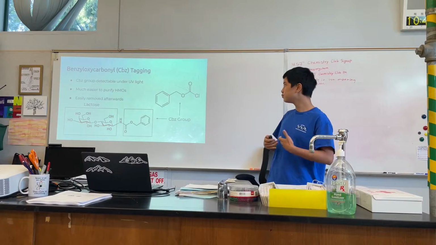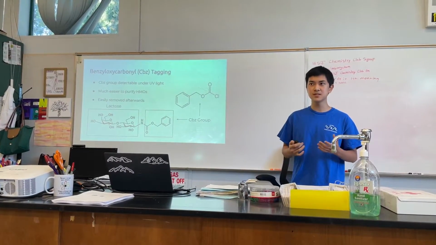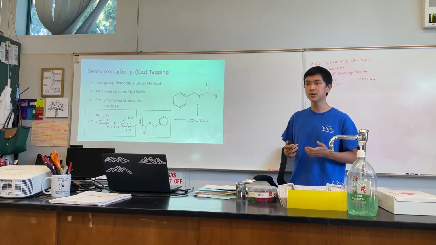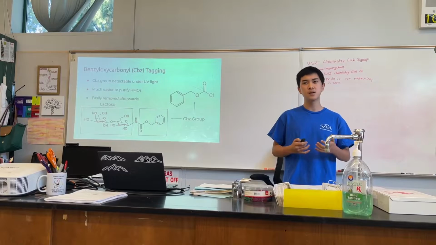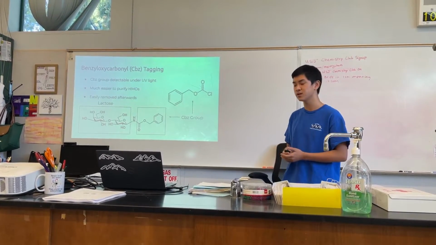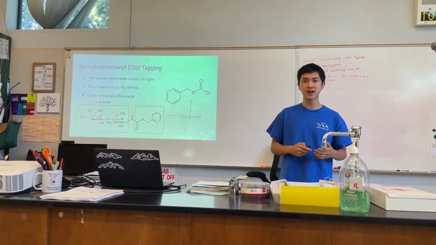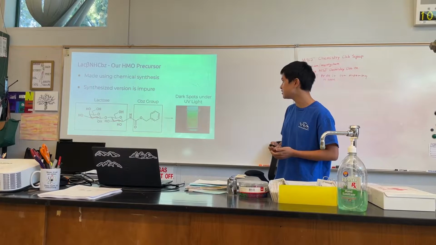This is what my research focused on, benzyloxycarbonyl tagging. This CBZ group is detectable under UV light, and we like to attach it to the lactose because it makes the reaction much easier to detect, and we can check its progression. Additionally, it's easily removed afterwards, and it just helps make the synthesis and purification a lot easier.